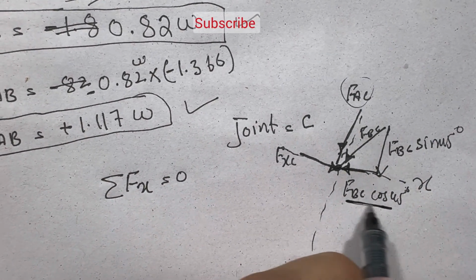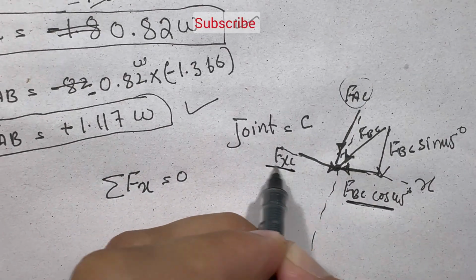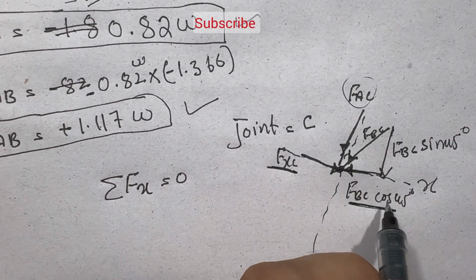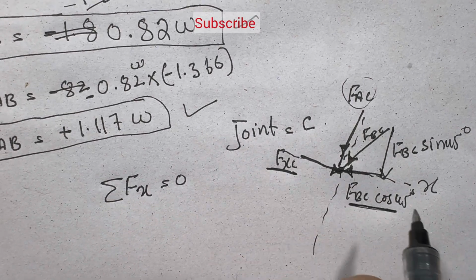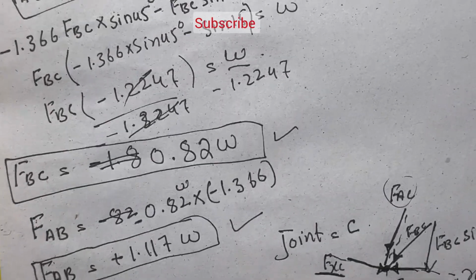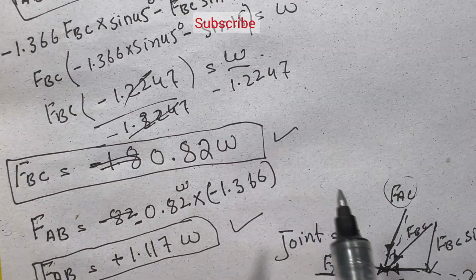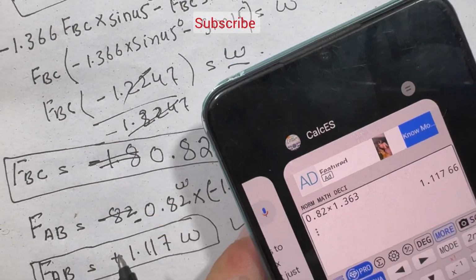FBC is 0.82, and I multiply this with cos 45.